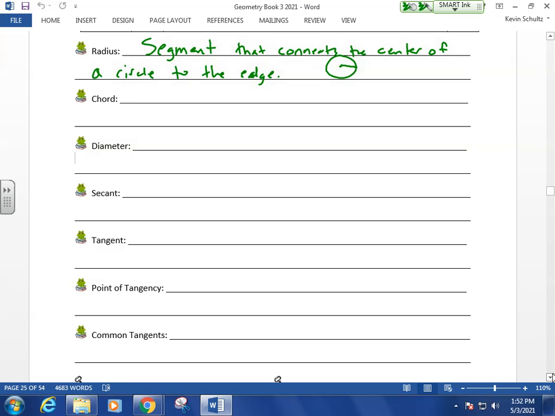A chord might be new. Anyone know what a chord is in relation to circles? Okay, it is a segment, so again, we can measure this, a segment that connects 2 points on the edge of a circle.